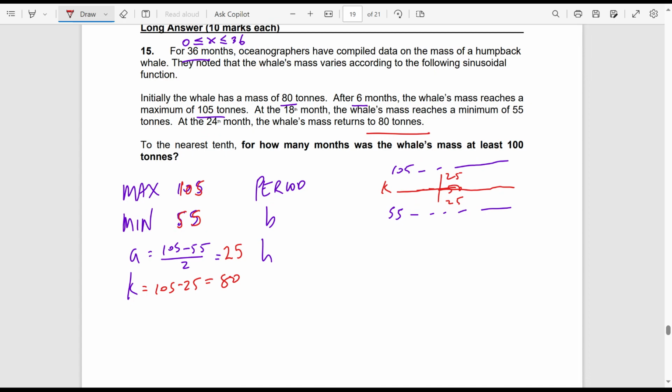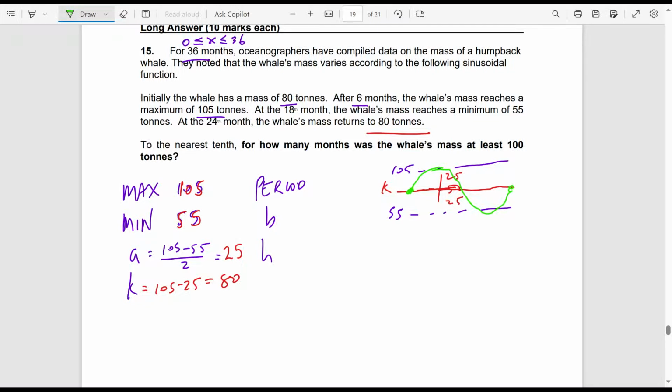But now I've got a K. The only other thing to think about now is I'm just going to draw it on here. So he's starting at 80, and then where does it go first? It's going up, because he reaches the maximum first of 105, and then he reaches the minimum, and then he lands back at 80.